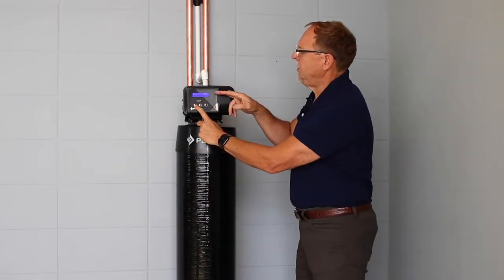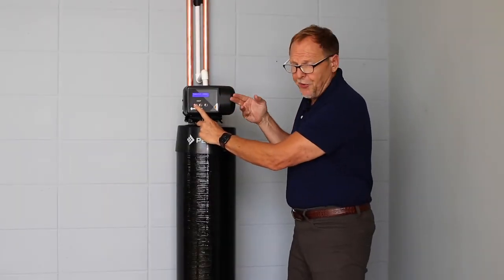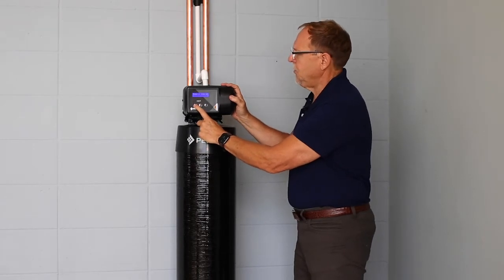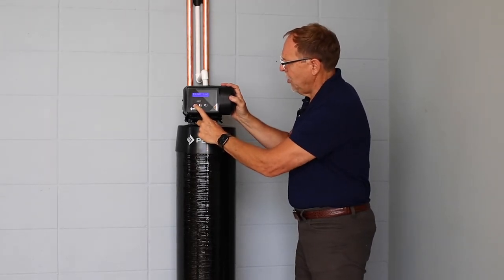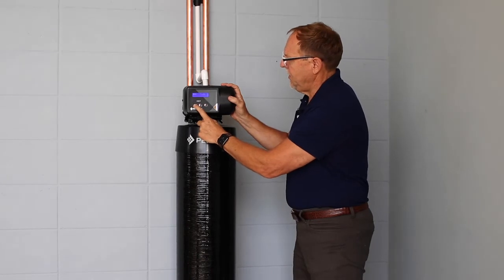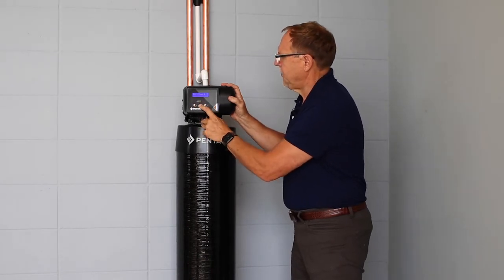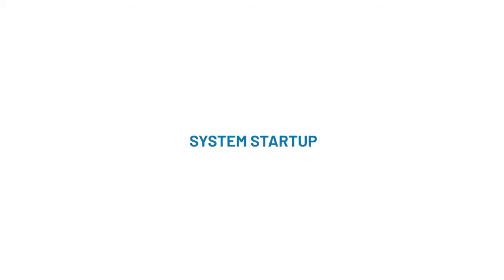Then you have just the information you entered as a visual, capacity, reserve type, and so on, as it goes through the rest of the data. And then you hit exit and exit out. So you've completed the programming.